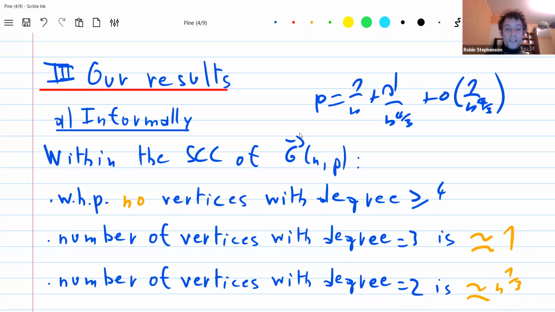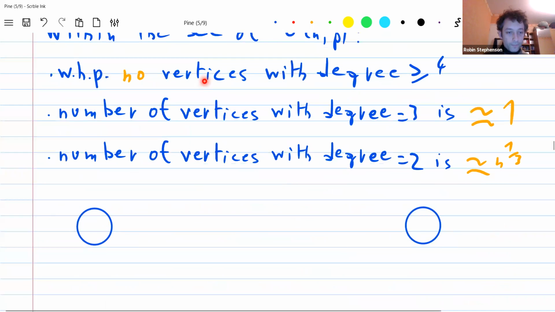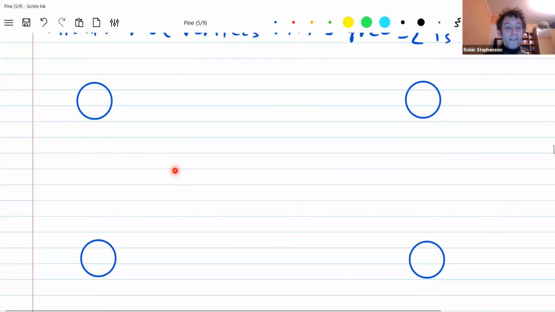Now, what does all of this entail? I'll do a little drawing. So we have vertices with degree 3 and vertices with degree 2. I'll call the vertices with degree 3 somewhat big. They have, as we'll see, a more important role. So let's say these 4 vertices I've drawn are the ones with degree 3. They need to be connected by long lines with vertices of degree 2.